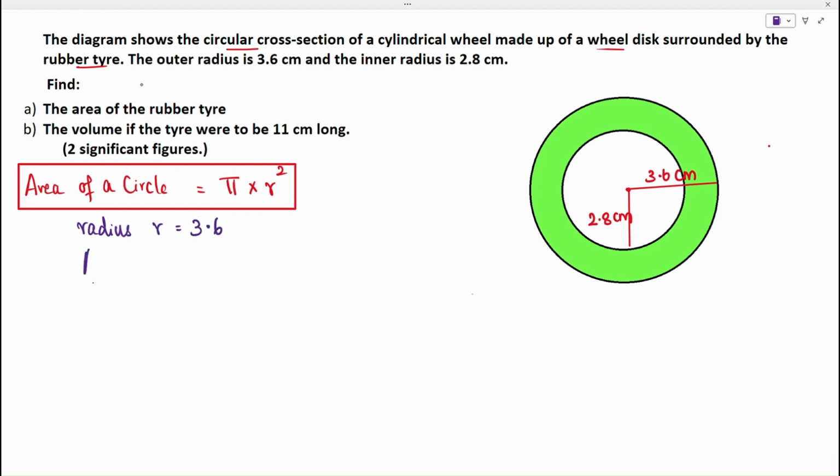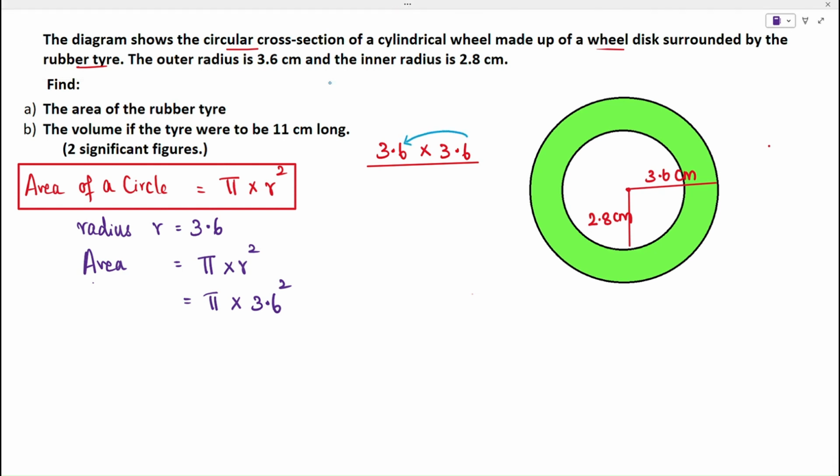The first thing that we're going to find is r squared. So 3.6 multiplied by 3.6. We have 6 times 6, which is 36.